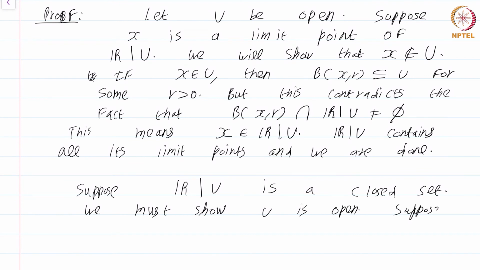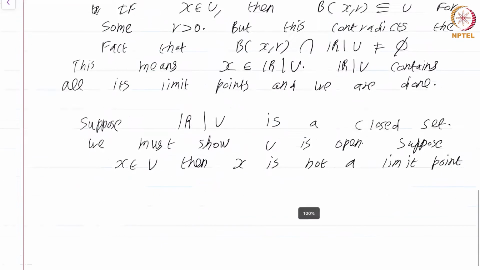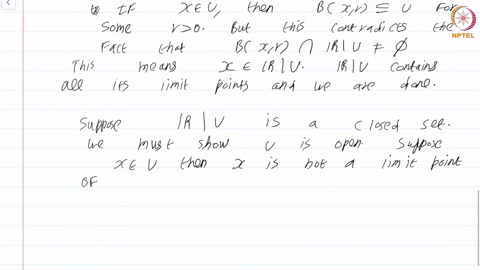Suppose X is in U, then X is not a limit point of R minus U, simply because R minus U is closed and therefore it must contain all its limit points.